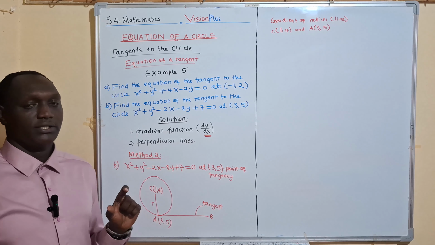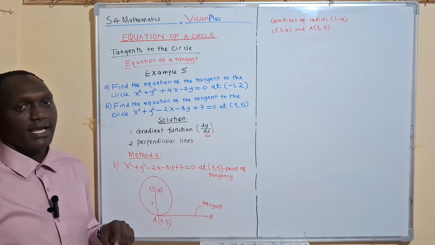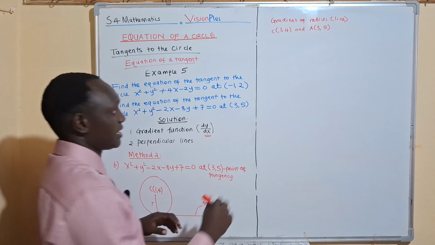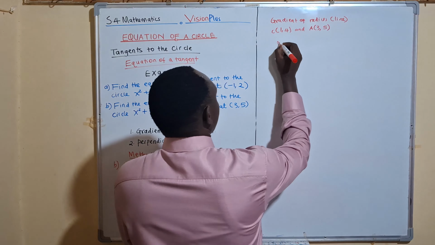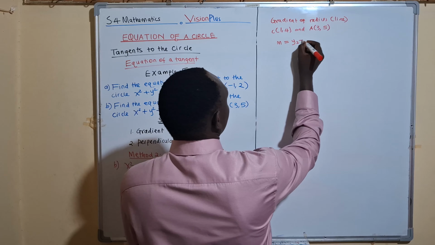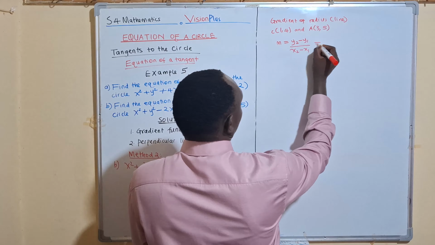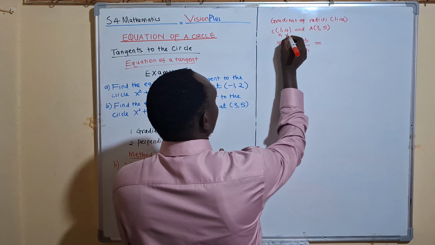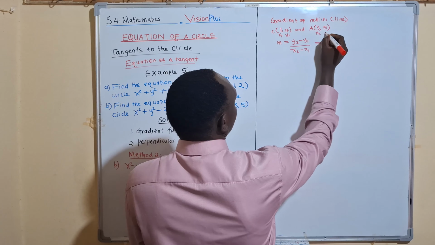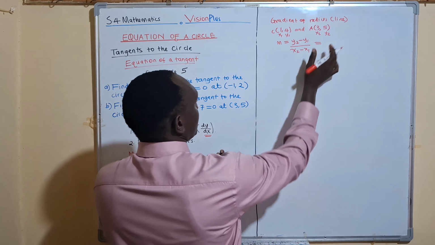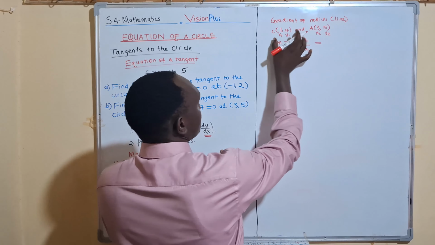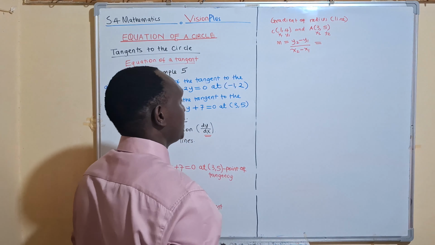If you have 2 points on the line, or the end points of the line, you can find the gradient of that line. Therefore, m is given by change in y over change in x, with points x1, y1 and x2, y2. You shall get the same answer either way.